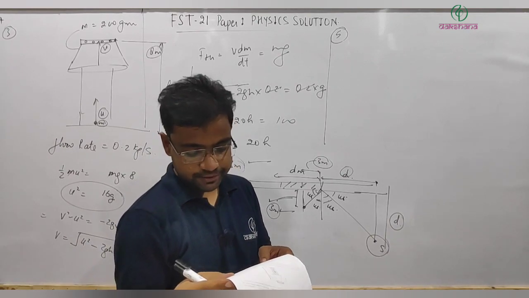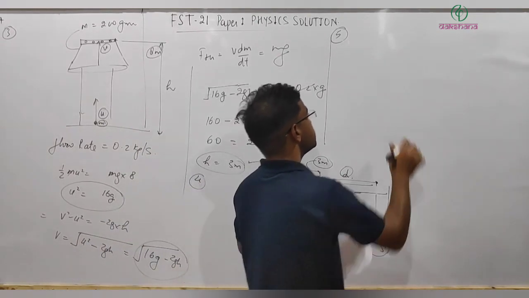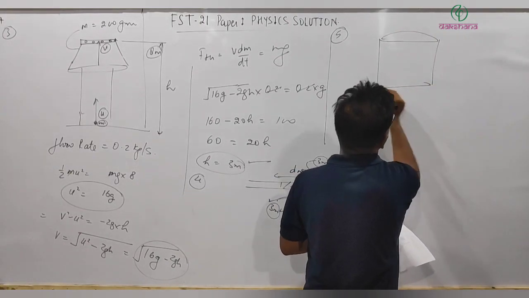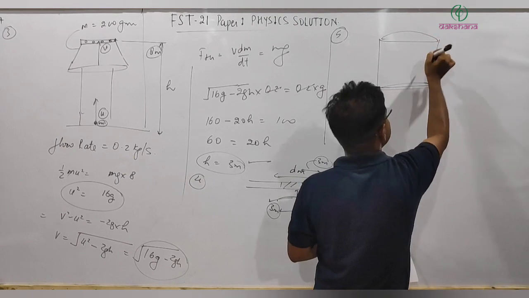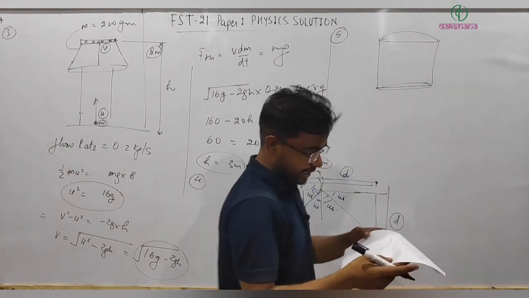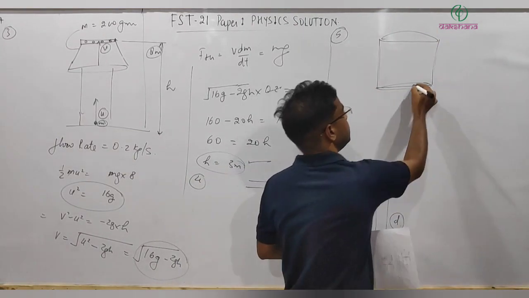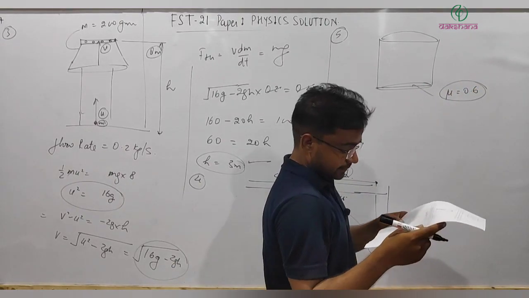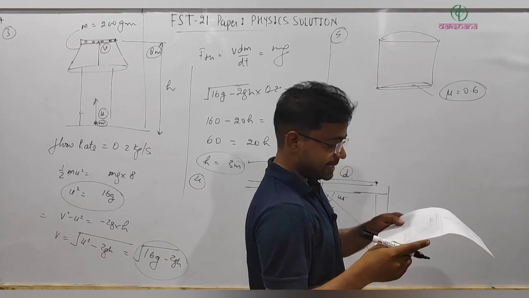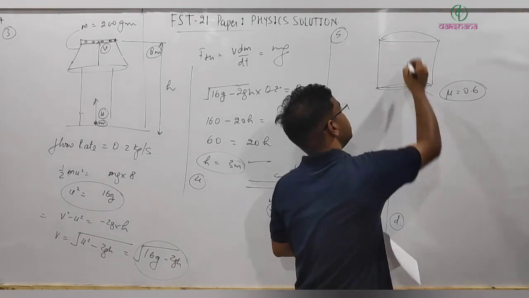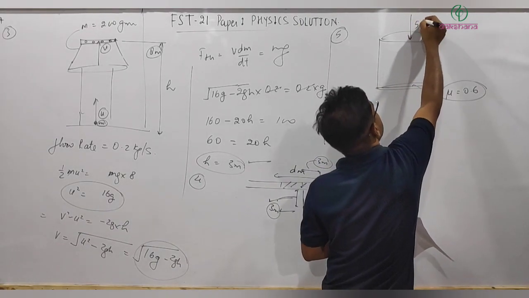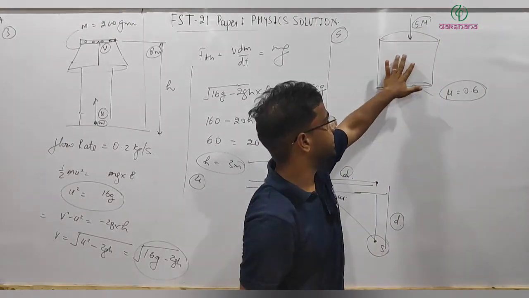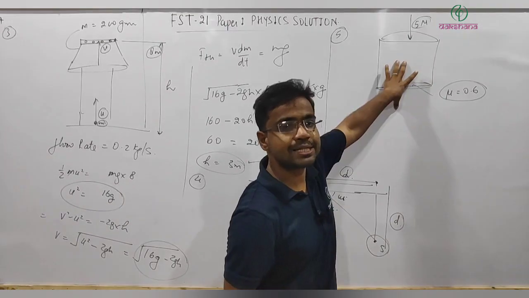The coefficient of kinetic friction between the eraser and the paper is, so one cylindrical eraser, it's like this, is being pulled, and according to the language, the coefficient of kinetic friction, mu, is 0.6. The pencil pushes down with 5 Newton, means the pencil is applying a force of 5 Newton on this, and it's mentioned in the problem the mass of this eraser is taken as negligible.